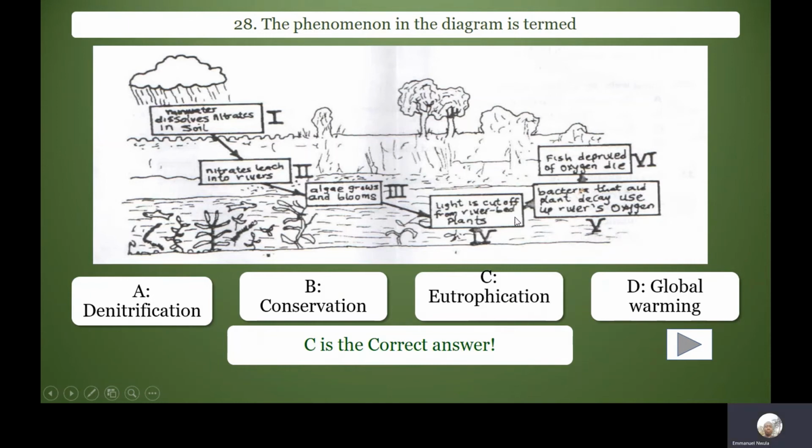And then there will be increase in the population of bacteria to decay the dead plants, and the bacteria will use up the oxygen in the water. This is called eutrophication, enrichment of water bodies with nutrients.